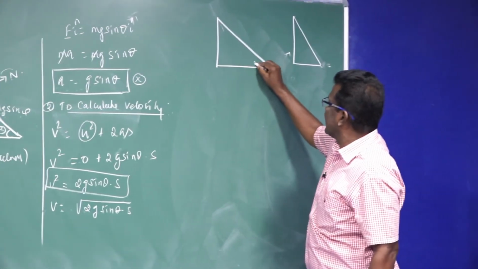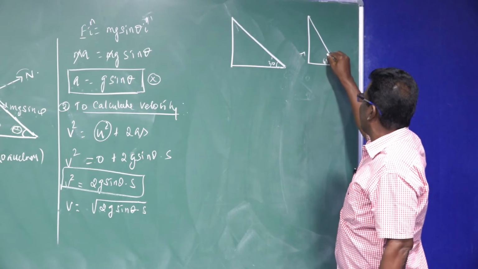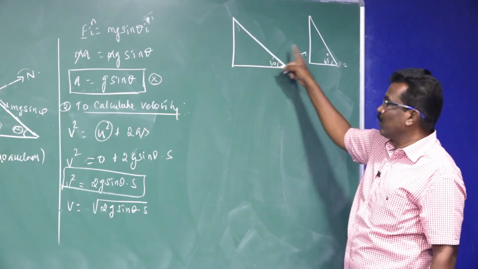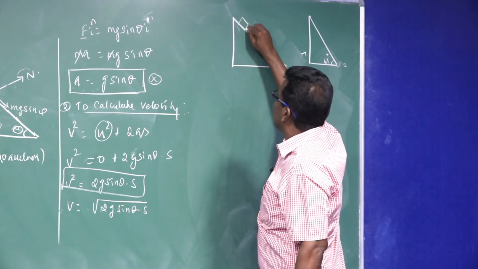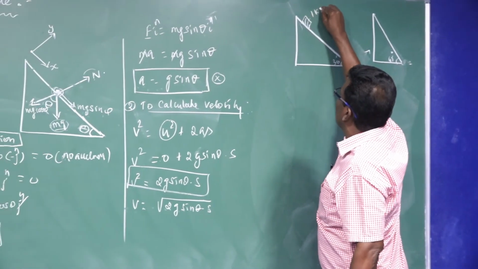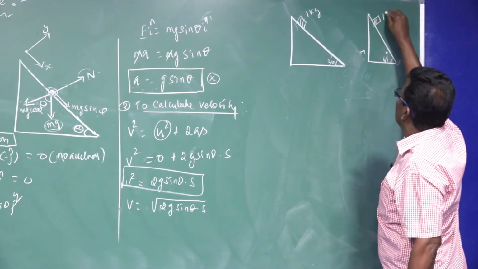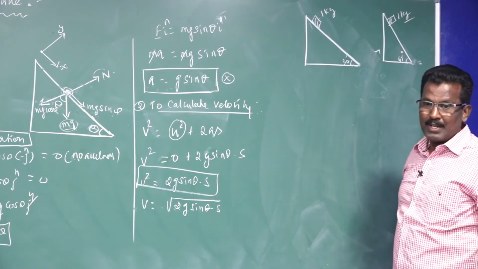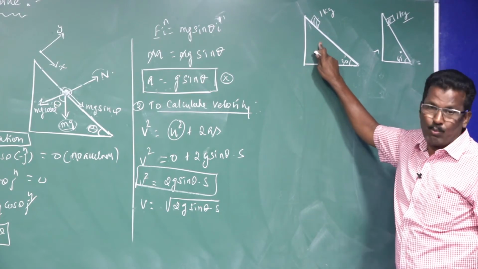Suppose this angle is 30 degree and this one is 45 degree. There are two inclined smooth surfaces. Your body has a mass of 1 kilogram, and also the same 1 kg is placed on the other. In which inclined surface is the acceleration more?